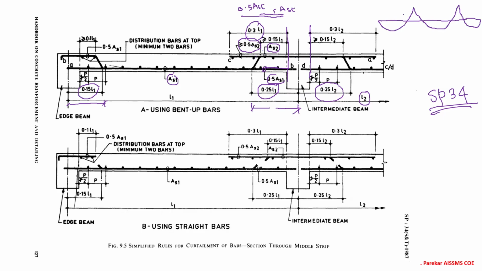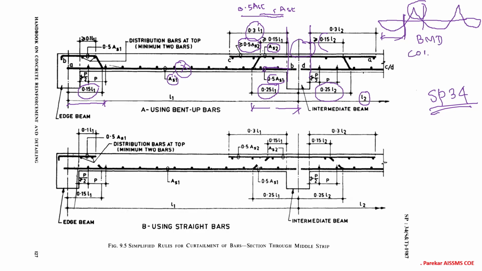In this region tension is at bottom, therefore we have provided reinforcement at bottom. Here we have tension at the support, tension at top, and therefore we have provided this reinforcement at top. Same in this fashion. So this is the BMD for a continuous beam.